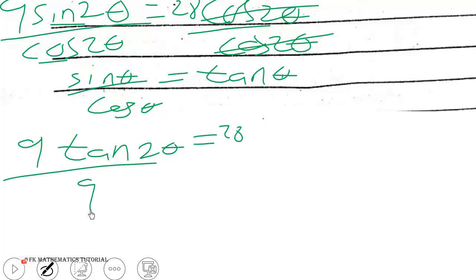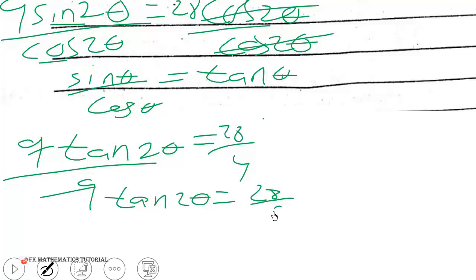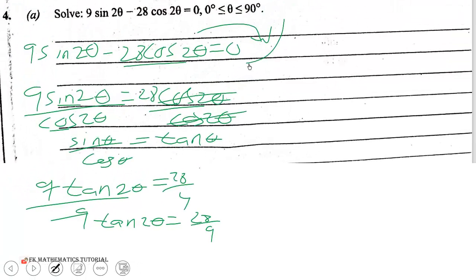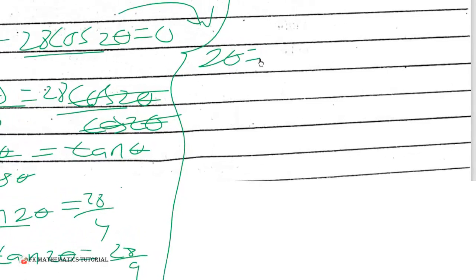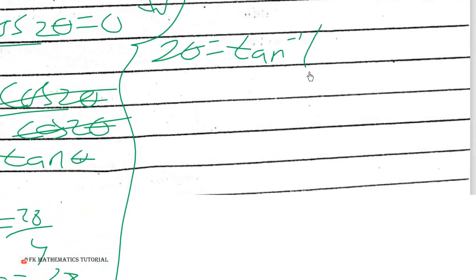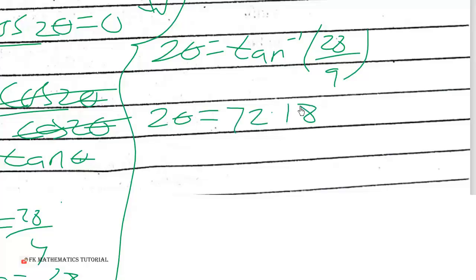You can divide through by 9, so tan 2 theta is equal to 28 over 9. We take the tan inverse of both sides, so 2 theta equals tan inverse of 28 over 9, which is 72.18.